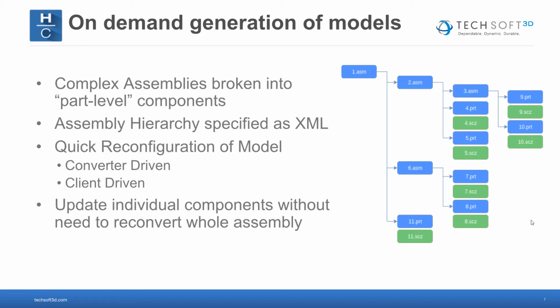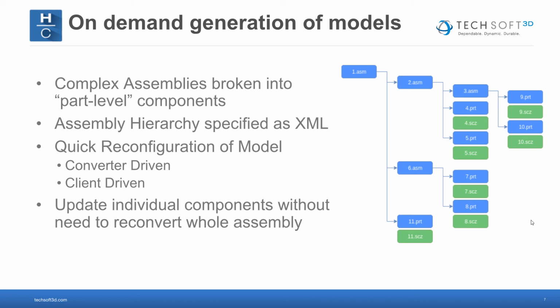Now, if something about that 11.scz file changed in the sense that maybe it was made bigger, made smaller, or its position was changed, we would have to update our XML file, which would specify a new relative transform for that part. But thinking back to what we talked about previously, the overhead of creating these XML files or creating a new SC master file is low.